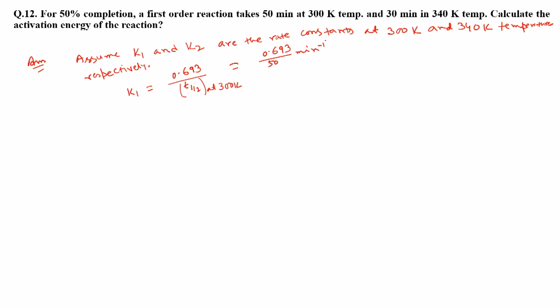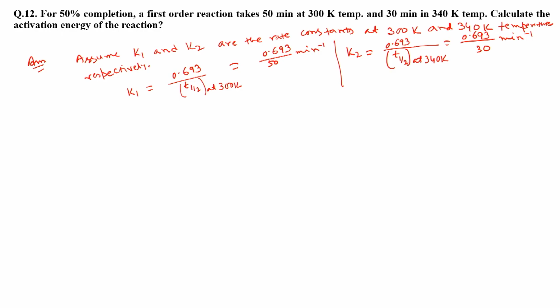So, K1 is 0.693 by 50, this is minute inverse. Similarly, K2 is 0.693 by T half at 340 Kelvin temperature. So, we write 0.693 by 30 minute inverse. So, the values of K1 and K2 we have got, right.